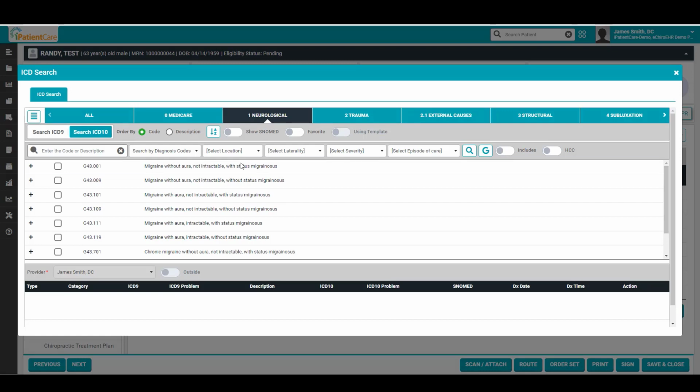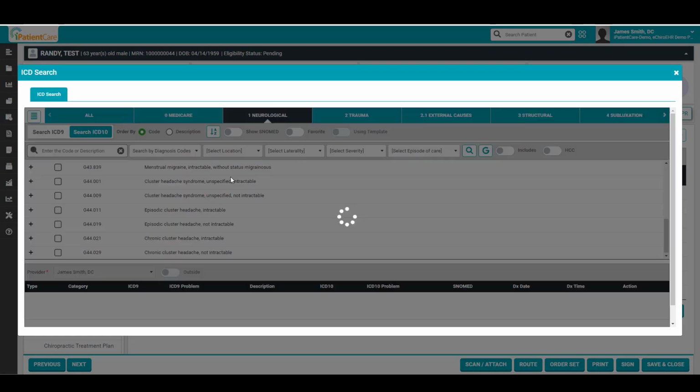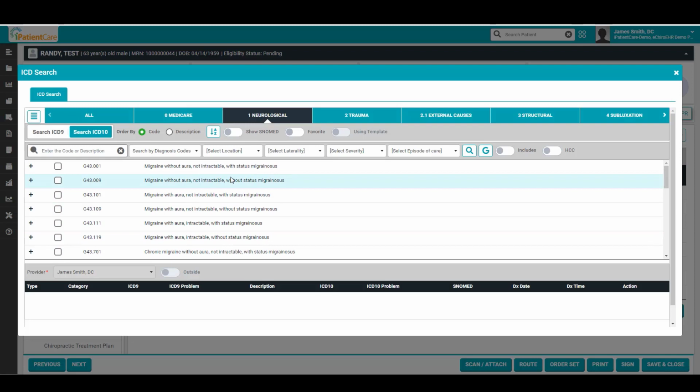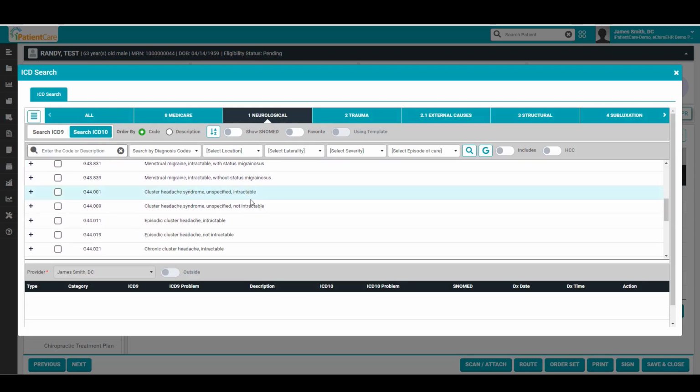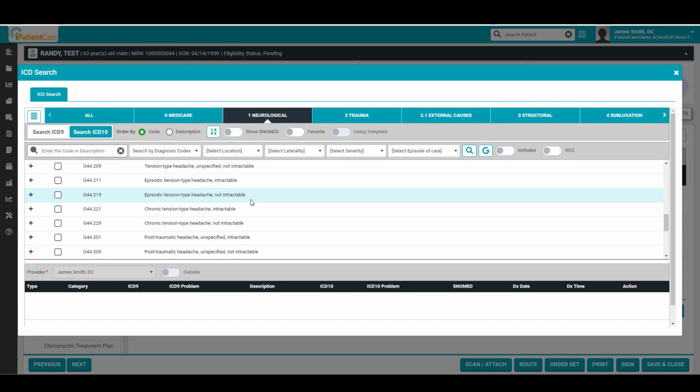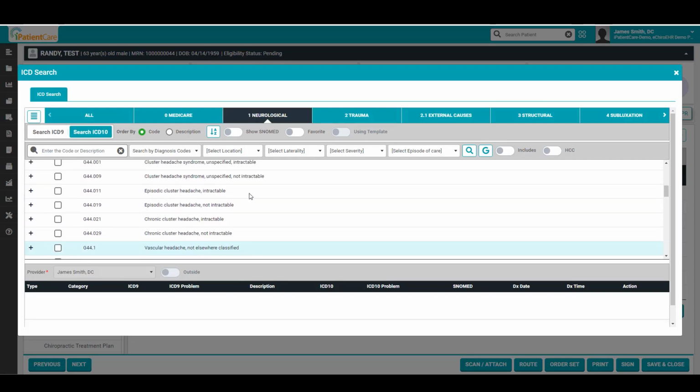of the note where you can have diagnosis codes set up per category. For instance, we are in the neurological section, and this happens to be neurological ICD-10 codes that have been selected as common ones that are encountered.